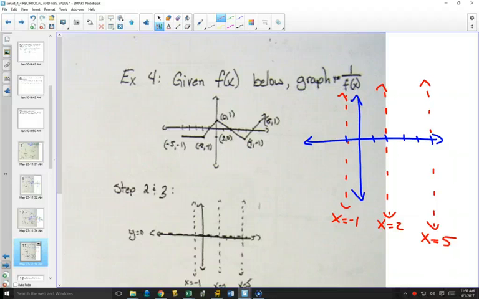Well, if we look on this side, can you notice over here, no arrowhead? The graph stops at -5. But on this side, there is an arrowhead, and that arrowhead is pointing up. So this graph will have an asymptote at y equals 0.